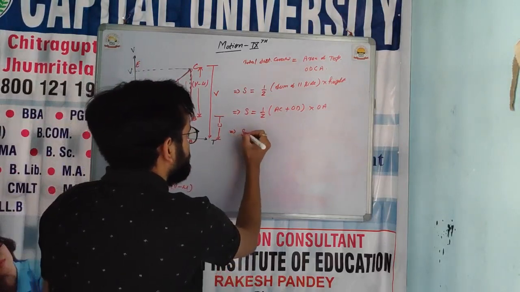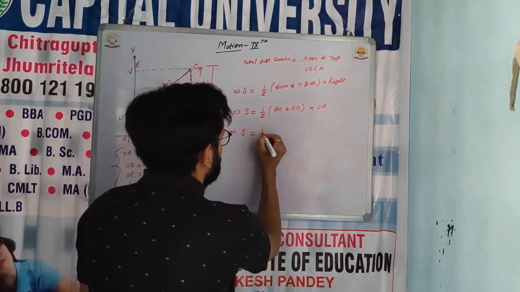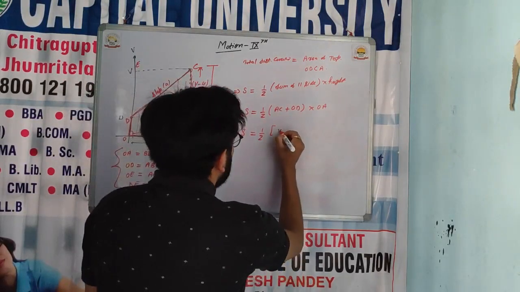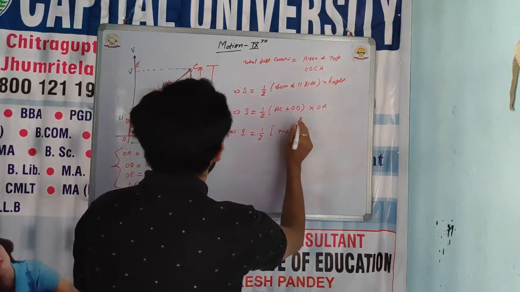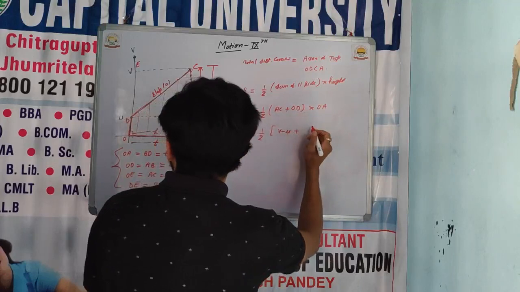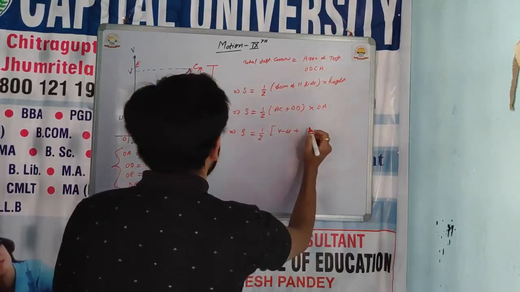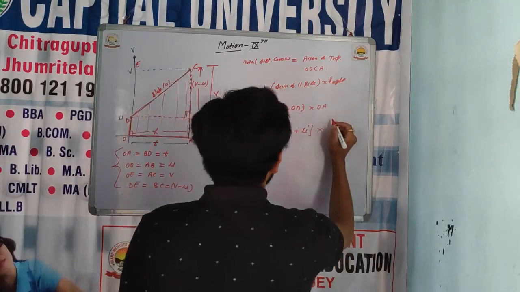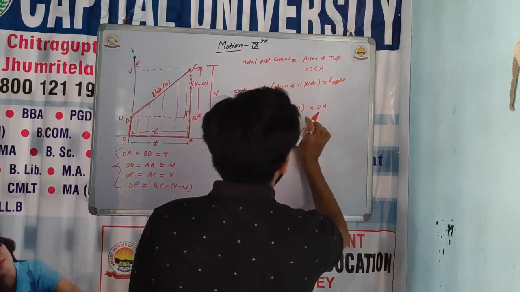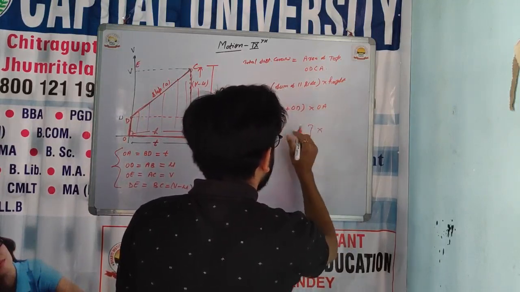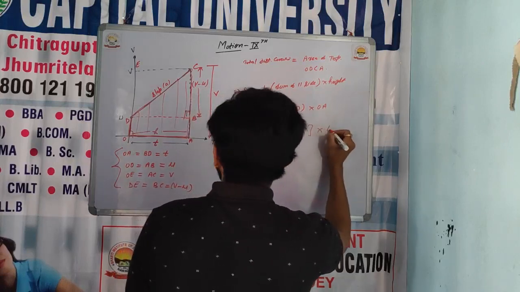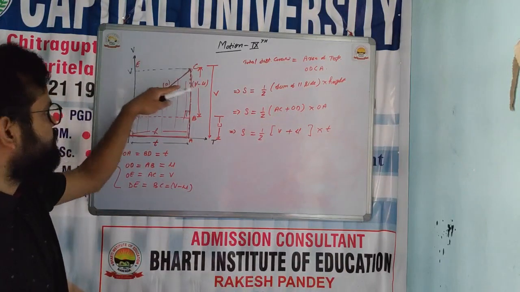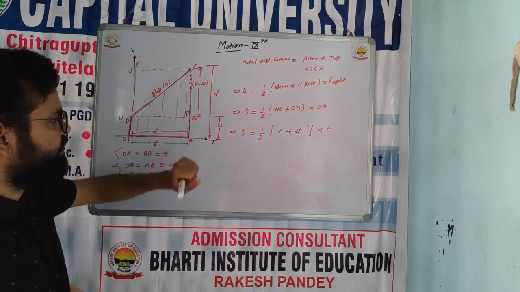So we can write total distance covered by the body or object equal to AC plus OD into OA. AC is V, OD is U, and OA is time T. Look at it again, AC is total V, already written here.